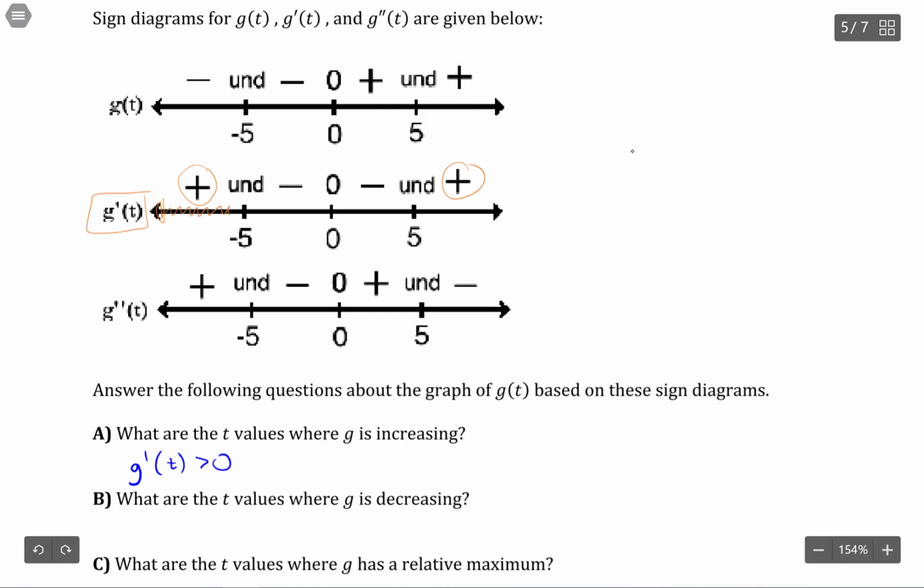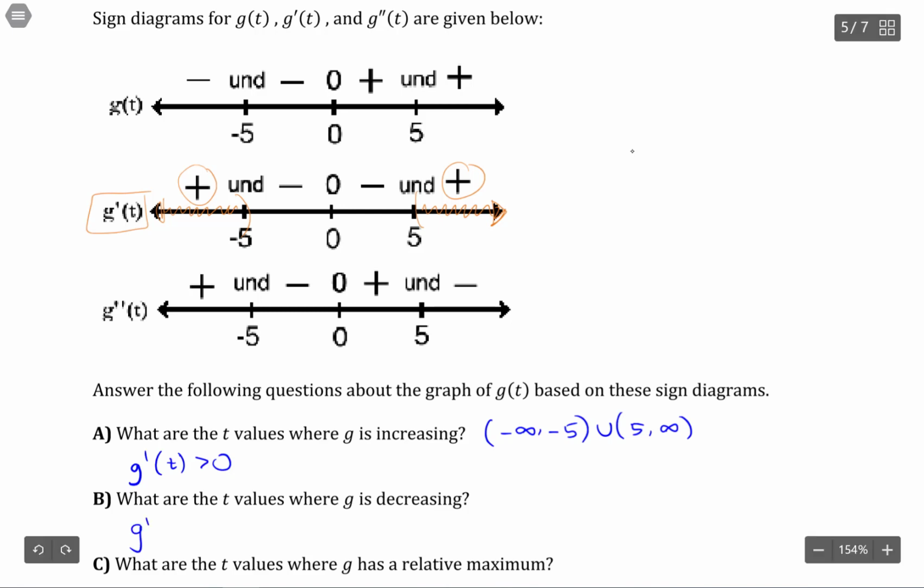On these intervals, and this point is undefined, so we're clearly not going to include that. That would be an asymptote of some sort. So we are increasing on the interval from negative infinity to negative 5, and then again from 5 to positive infinity.